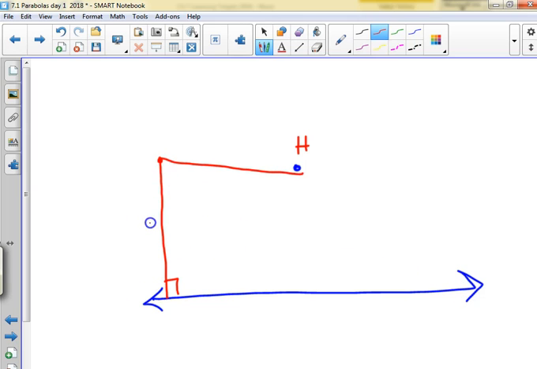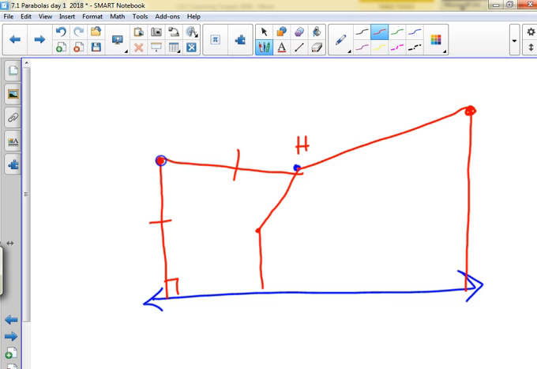If these distances are equal, or I go over here and I say this distance is equal to this distance, or I go up here and I say this distance is equal to this distance. All of those points, which would obviously include this point, right?